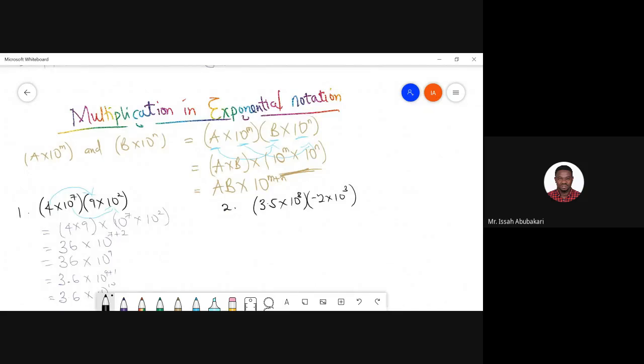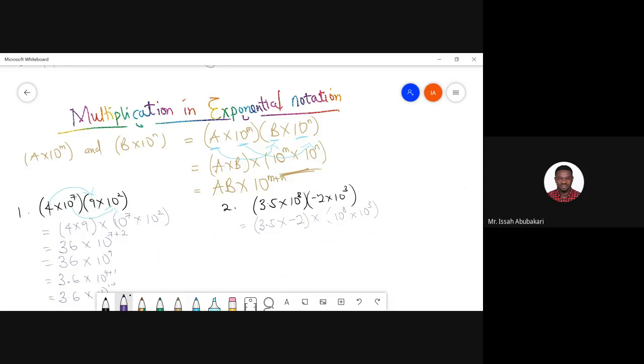How do we do this? Now, the same way as we did the first one, we are going to use the same method. So first of all, we group tens. Okay, so we are going to have 3.5 multiplied by minus 2. Okay, and this should multiply by 10 power 8 times 10 power 3.